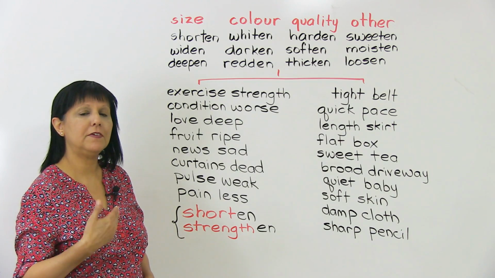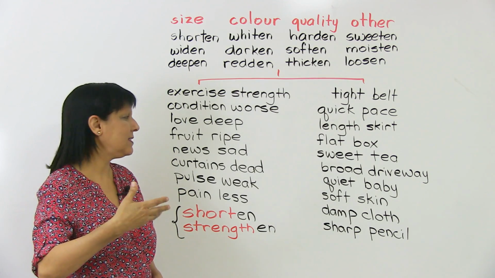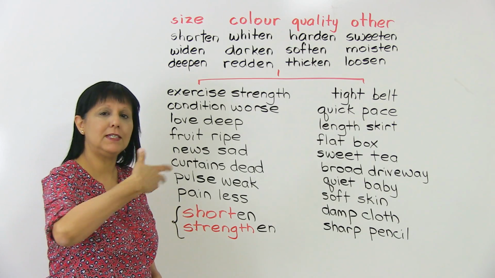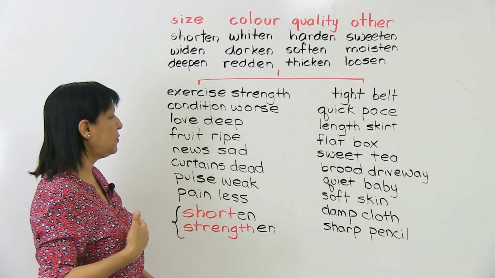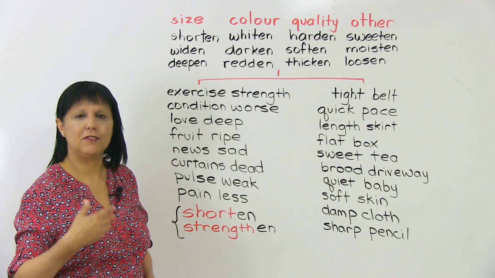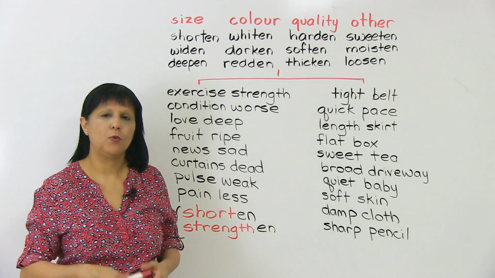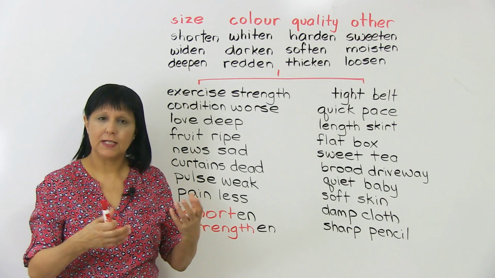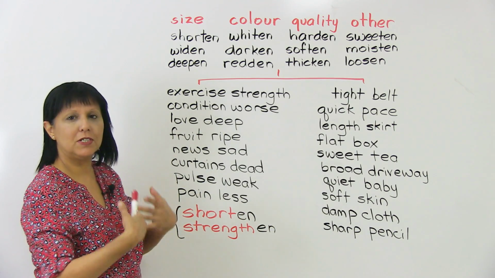Their love deepened. Okay? That means what? That means that their love became deeper. All right? Stronger, in other words. Fruit, ripe. The fruit ripened. Now, in case you don't know that word, when a fruit becomes ripe, it becomes ready to eat. All right? So the fruit ripened.